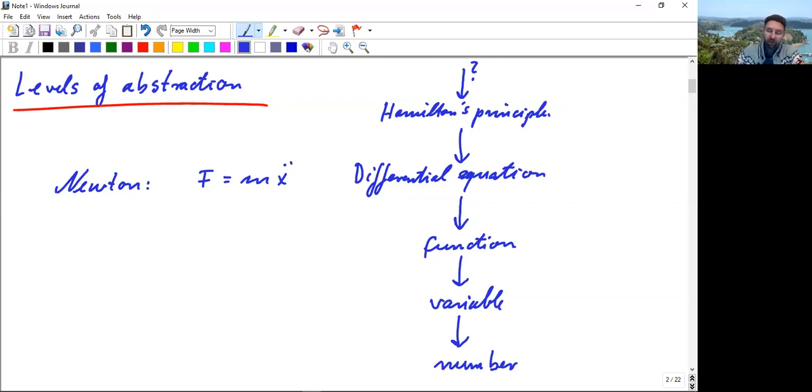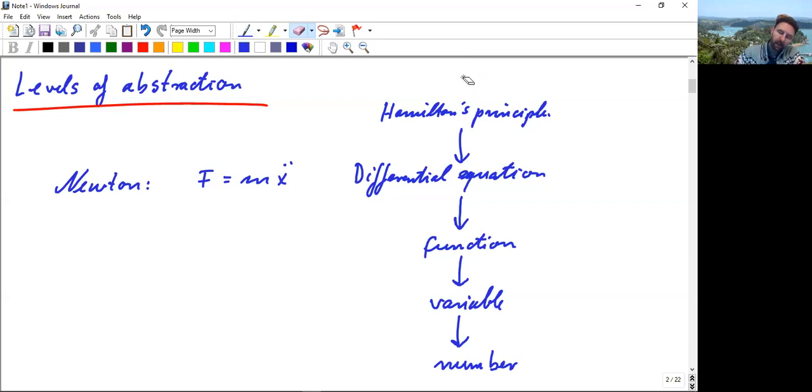From which we can then get the differential equations, the functions, the variables, and then the predicted numbers. There is. We will get to it later in the course. It's basically symmetry principles. And then the big question is, where do those symmetries come from? And that's pretty much where we are now.